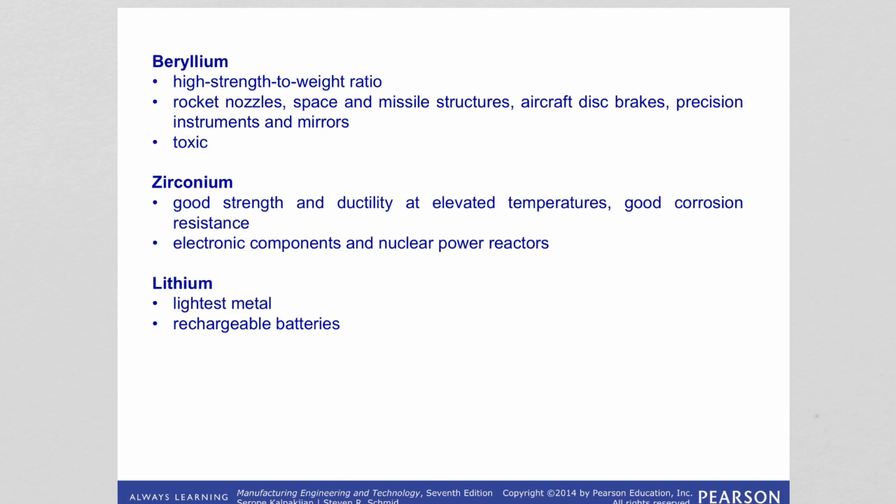It is also used in nuclear and X-ray applications because of its low neutron absorption, and it is also used as an alloying element, and its alloys of copper and nickel are used in various applications. The bad thing about this is that it is toxic. Okay.